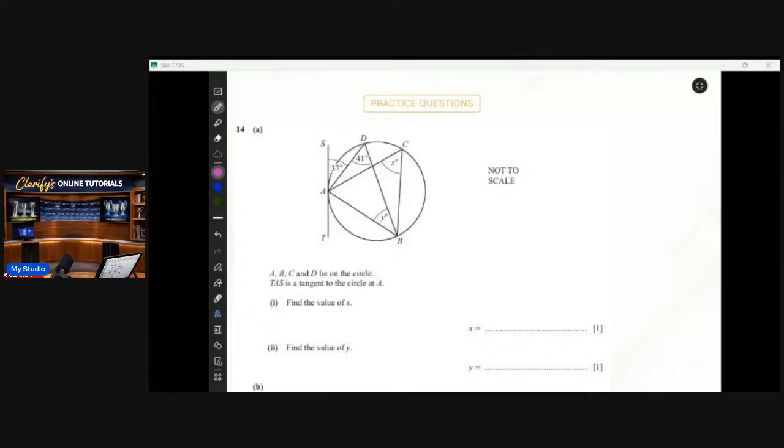Here's what you do. Never look for what they ask. Many times what they ask, you can only find it in the second step. Sometimes you can find it in the first, but many times you can't. So here is what you do. Always, before you look for what they ask, put what you know. Did you hear me?